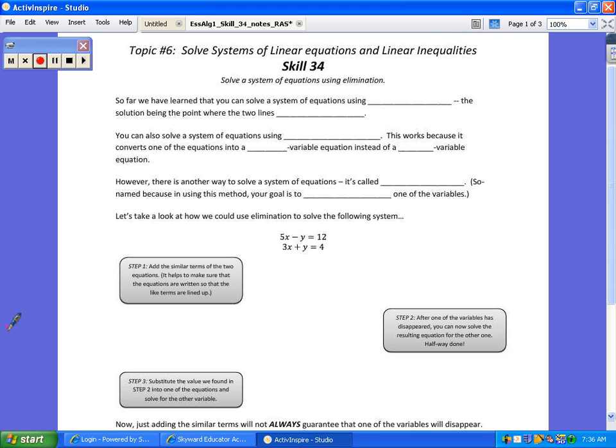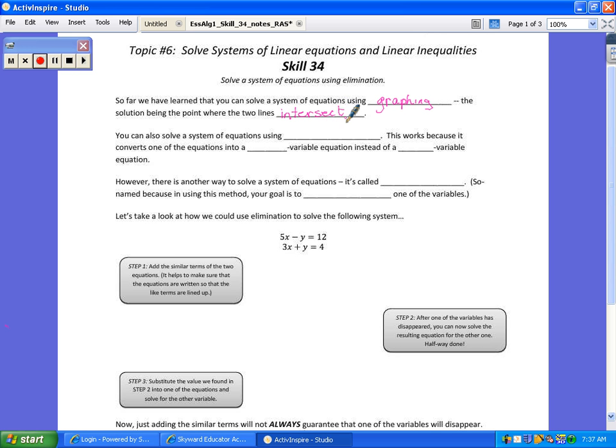Within Topic 6, Solving Systems of Linear Equations and Inequalities, this is Skill 34. Solve a system of equations using elimination. So far, we have learned that you can solve a system of equations using graphing, the solution being the point where the two lines intersect.